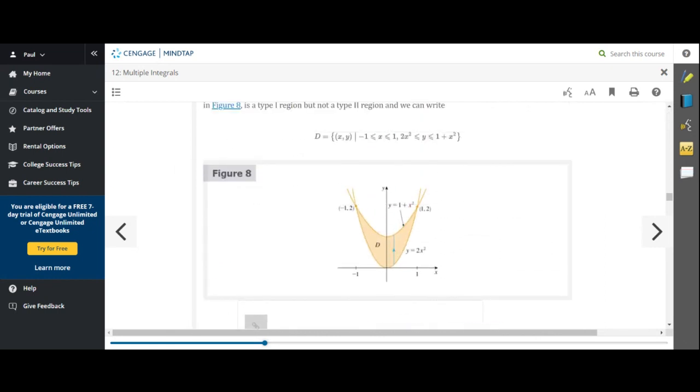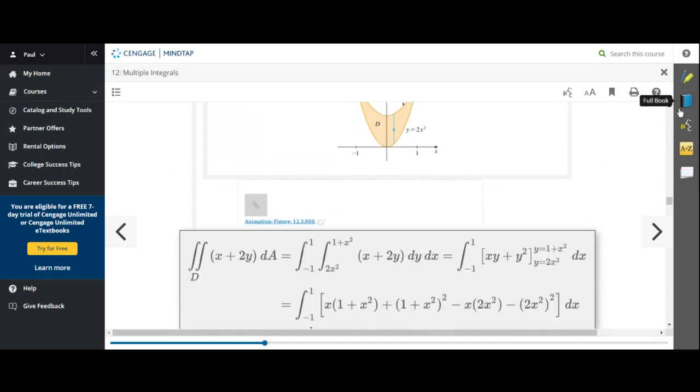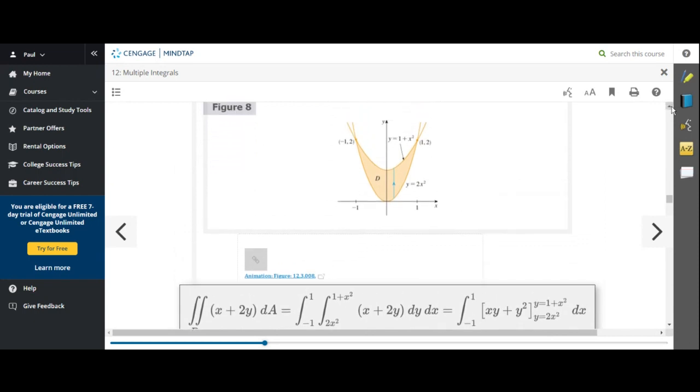We want to find the volume underneath the surface x plus 2y over this region D. So you're bounded above and below by functions 1 plus x squared and 2x squared, and the x limits are going to go from -1 to 1.